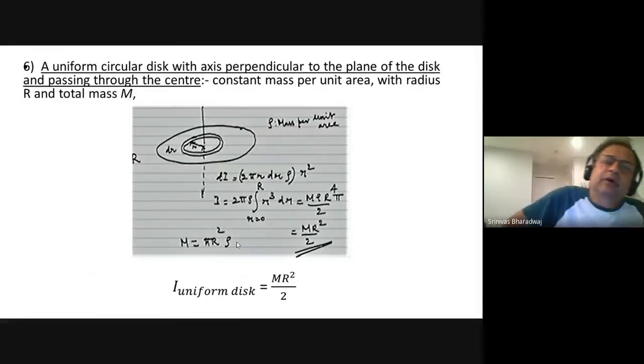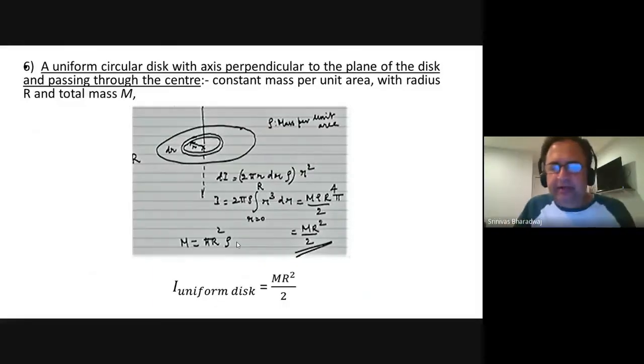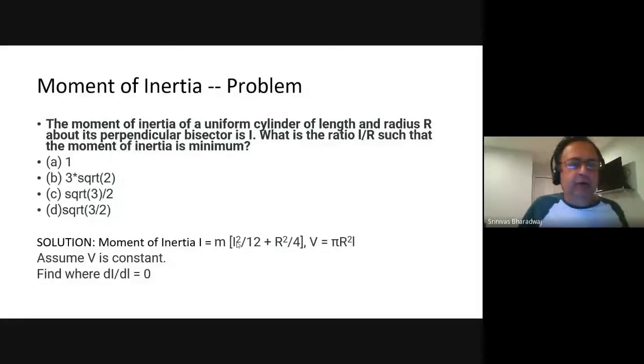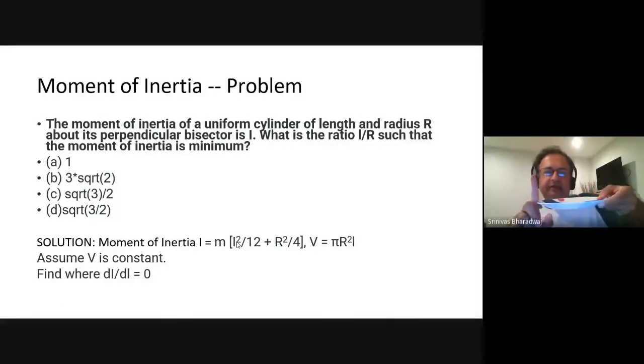So MR square by 2 plus M times R square will give you 3 by 2 MR square about an axis like this.